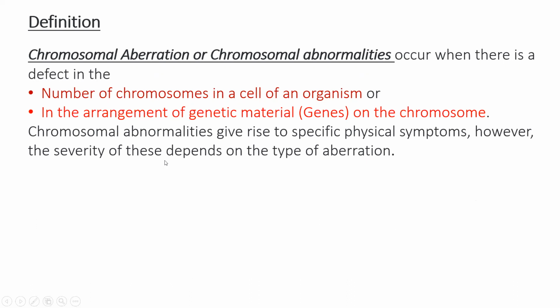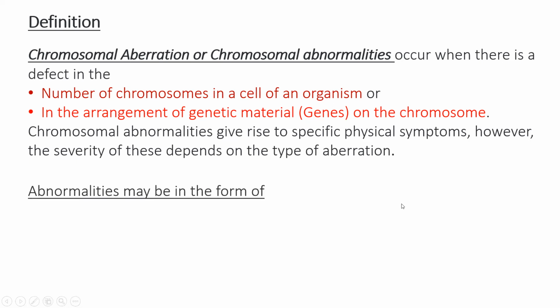Now, a chromosomal abnormality gives rise to specific physical symptoms. However, the severity depends on the type of aberration. So alteration or chromosomal abnormalities will lead to some physical symptoms and some disorders, and it depends on the type of abnormality that occurs on the chromosome.